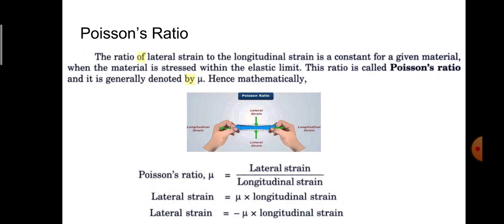So next, coming on to the next very important concept, that is Poisson's ratio. Poisson's ratio is nothing but the ratio of lateral strain to the longitudinal strain, which is a constant for a given material when the material is stressed within the elastic limit. This ratio is called Poisson's ratio and is denoted by mu.